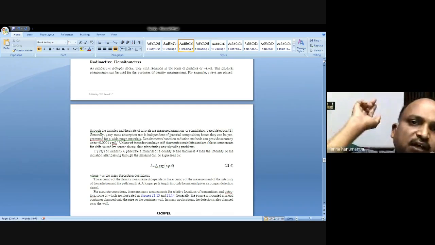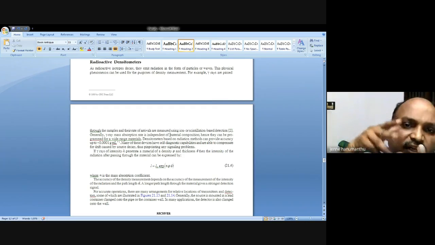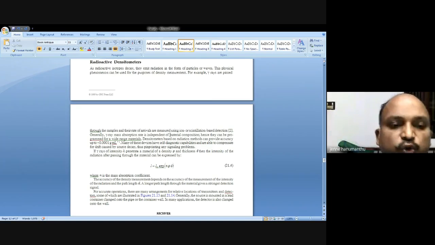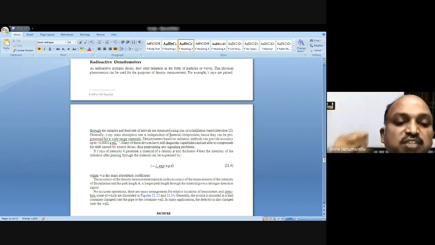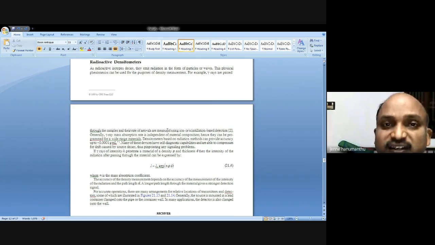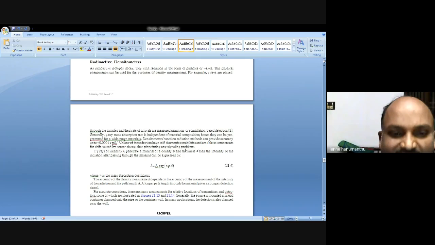If gamma rays are penetrating through that fluid, we have to measure them. After penetration through the sample, you have to detect the gamma rays. How can you detect them? We have detectors, that is the scintillation detector. The gamma rays will give you the amount of intensity.